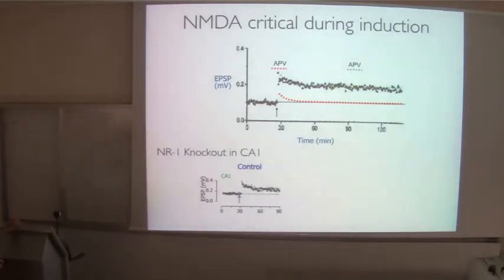Now, if you repeat the same thing but apply it later on, nothing changes. So once LTP has started, you don't need the NMDA receptor to carry it. The obvious conclusion, which is debatable, is that something is changed in the AMPA receptors, but not in the NMDA receptors.